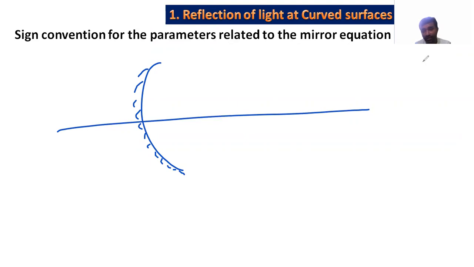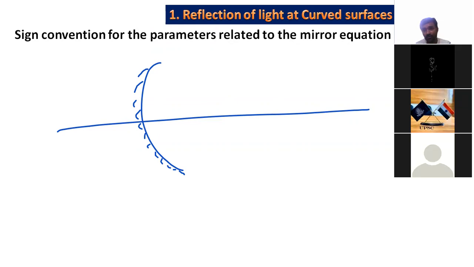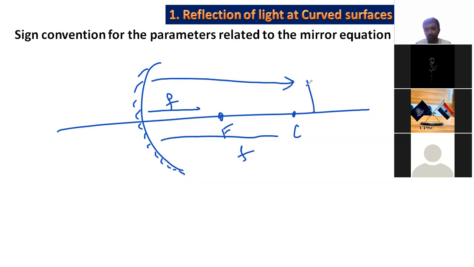Focus is in front of the mirror. Center is in front of the mirror. So the focal length is in front of the mirror. Radius of curvature in front of the mirror. Object always placed in front of the mirror. So U is always in front of the mirror. Height of the object is in front of the mirror and above the principal axis.